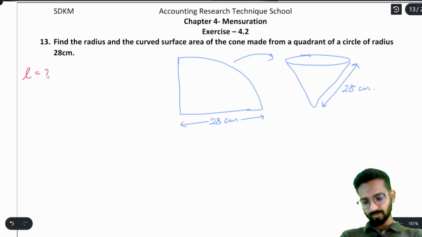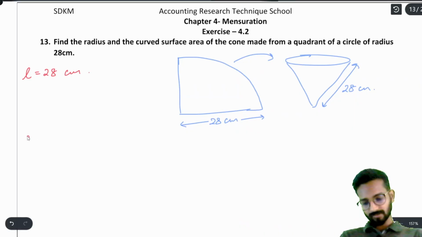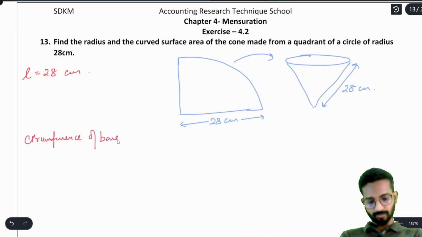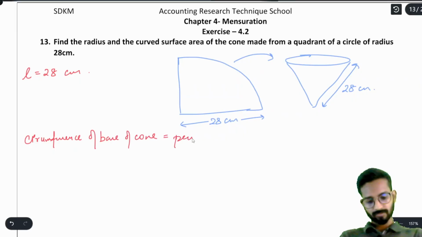So you will write here l is equal to 28 centimeter, and we know that now the circumference of the base of the cone, because the base of the cone is a circle, will be equal to the perimeter of the quadrant. Understand one thing.